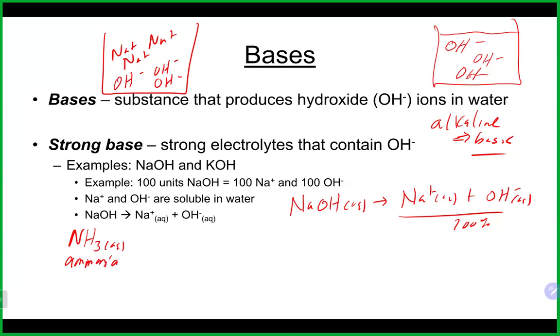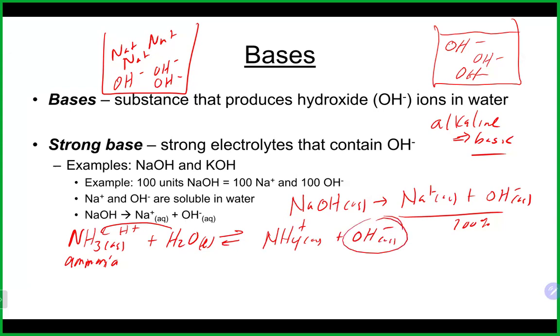It does not have hydroxide on it, but it can react with water. And when it reacts with water, what it will do is it'll essentially grab an H plus from the water. And the result of that is you'll make some ammonium ion and you will make some hydroxide ion here. So you're able to produce some hydroxide, so it's still considered a base.